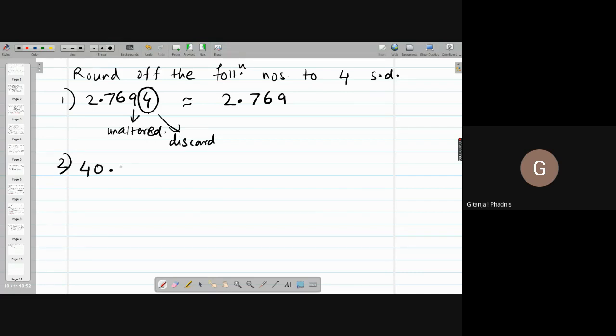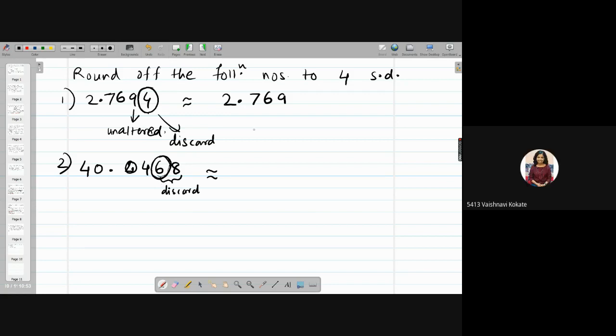Next number is 40.0468. Now how many significant digits does this have? 6. We want 4, so which 2 digits do we have to discard? 6 and 8. The fifth digit which we are going to discard first is greater than 5, right?